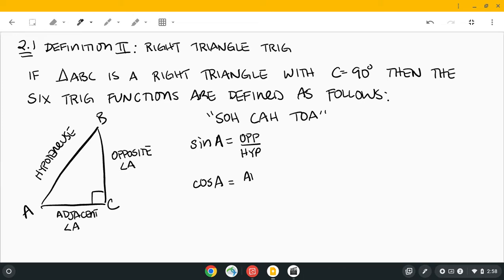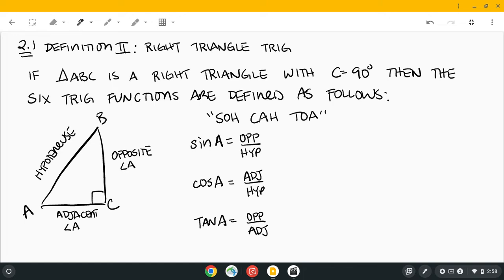So let's write that down, adjacent over hypotenuse. And then tangent A is opposite over adjacent. Okay, and then if we have these 3, we can get the other 3 by the reciprocal.